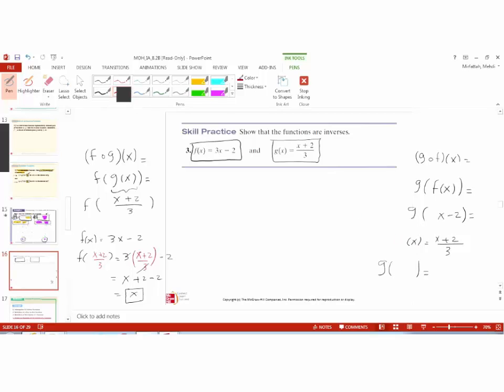That's right. So over here, to find g of x minus 2, you have to find what g of x is. g of x is known to us as x plus 2 over 3. Now you want to find what g of x minus 2 is, so everywhere you see x, you put x minus 2 in that g function.